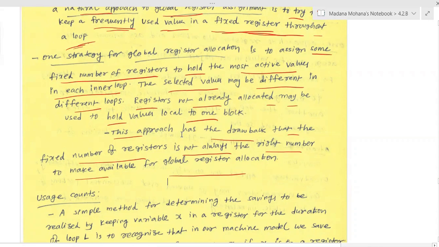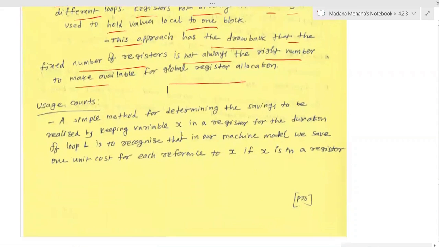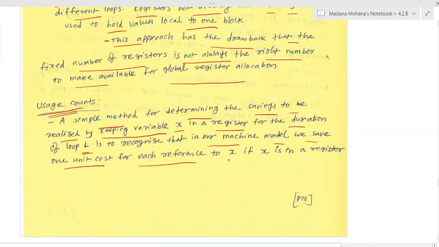To overcome this drawback, we'll use another approach by calculating usage counts. A simple method for determining the savings realized by keeping variable X in a register for the duration of loop L is to recognize that in our machine model, we save 1 unit of cost for each reference to X if X is in a register.